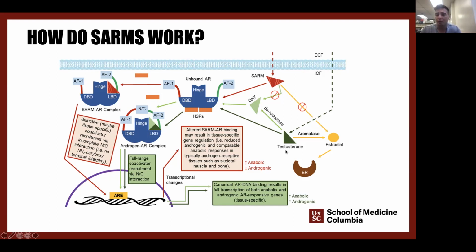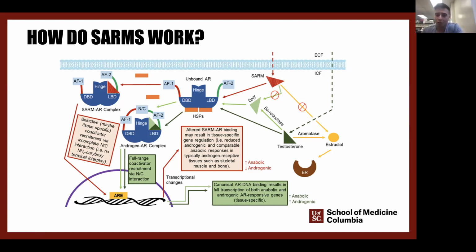Think about affinity as a strong magnet pulling it to its biological function. So again, backing up: testosterone interacts with this receptor, specifically in the AF2 region in the ligand binding domain. That causes this NC interaction, the N-terminal and C-terminal interaction, which folds this protein and makes it an active complex, now a DNA binding complex.